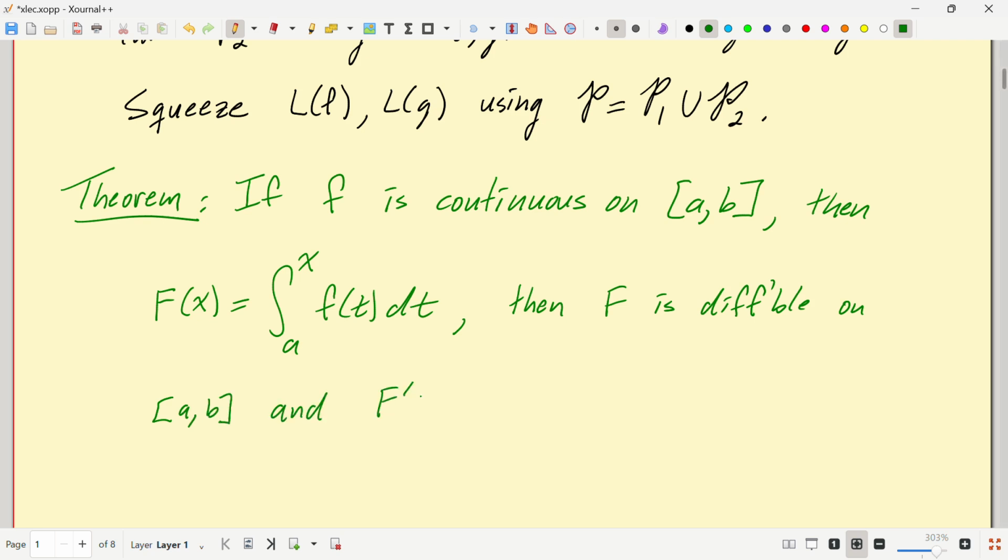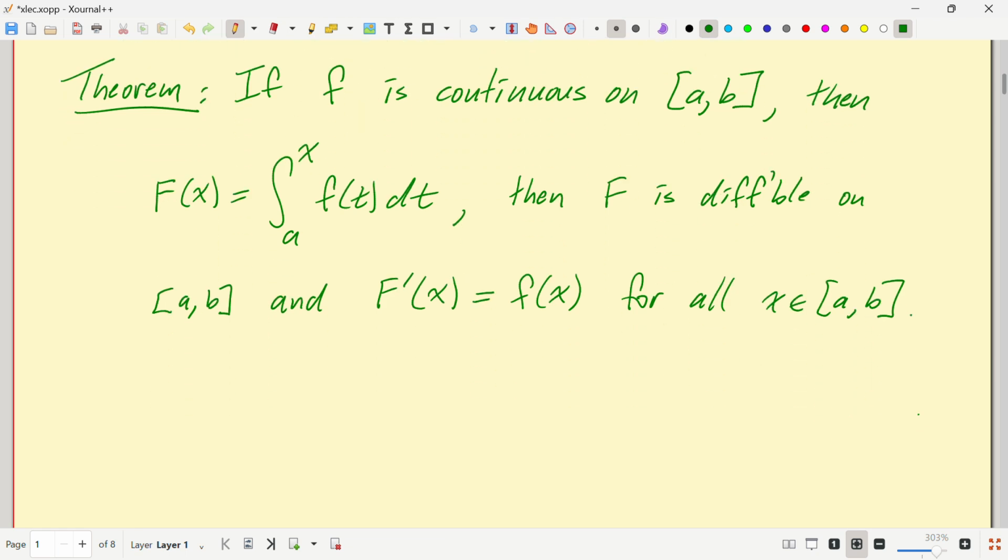That's the basic fundamental theorem of calculus. Okay, and it's going to be easy and natural, and very much like you would see in freshman calculus.